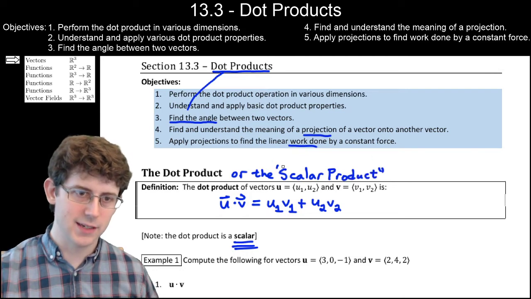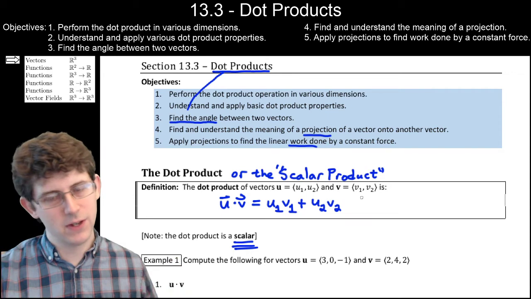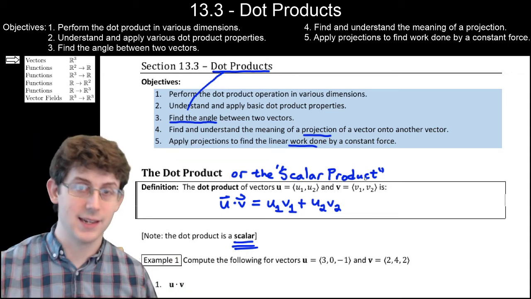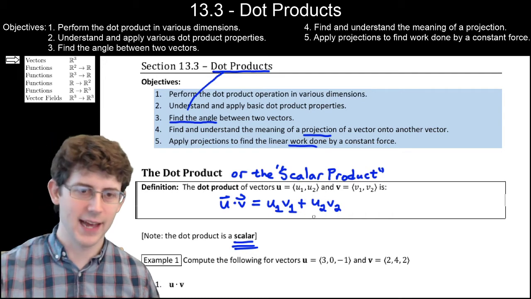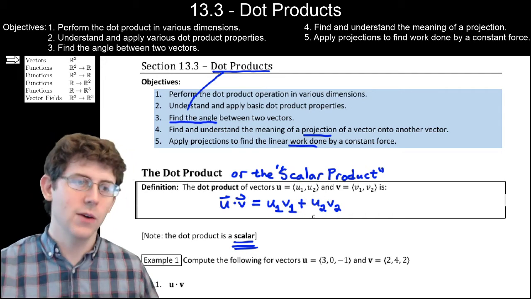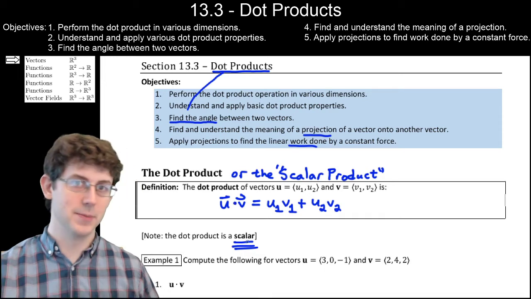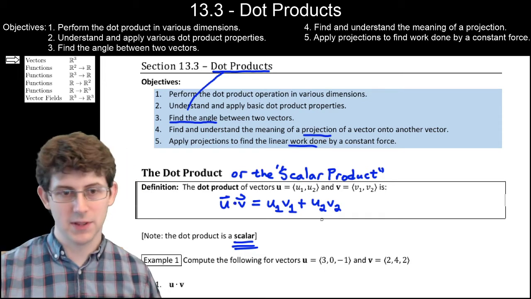If you go deeper into math, you'll find out that there's something called an inner product, and the dot product is an example of that. So there's a lot of different words for these things. We will mostly call it the dot product, and you use a dot for this kind of multiplication. You end up with a scalar.